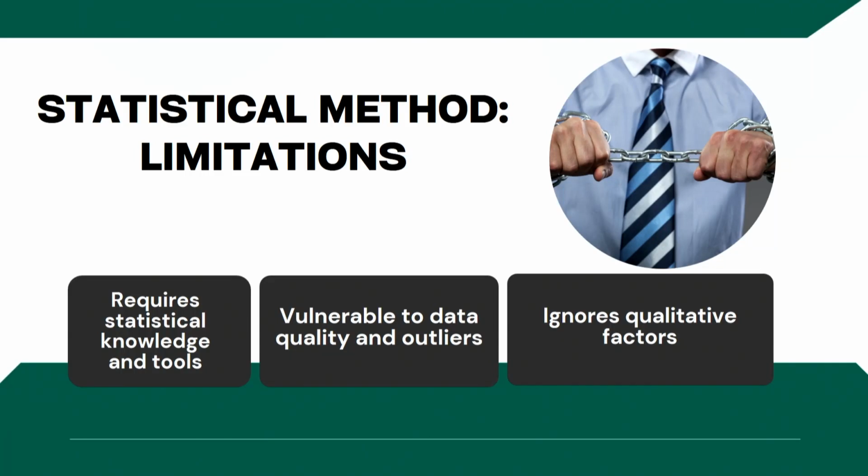Then the next one is that it is vulnerable to data quality and outliers. When we are talking about numerical data, we may come across some outliers. Outliers is a technical jargon used in the world of statistics, which represents a value of a financial variable which is uneven, which is an exception.